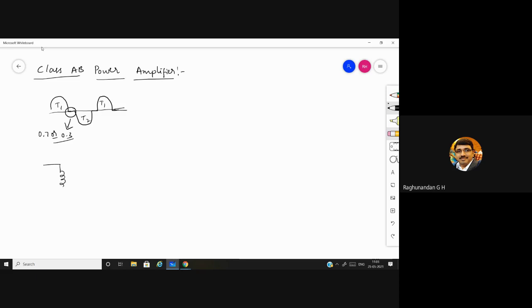So this is the primary where we are giving the input. This is the secondary, which is connected to the transistors.